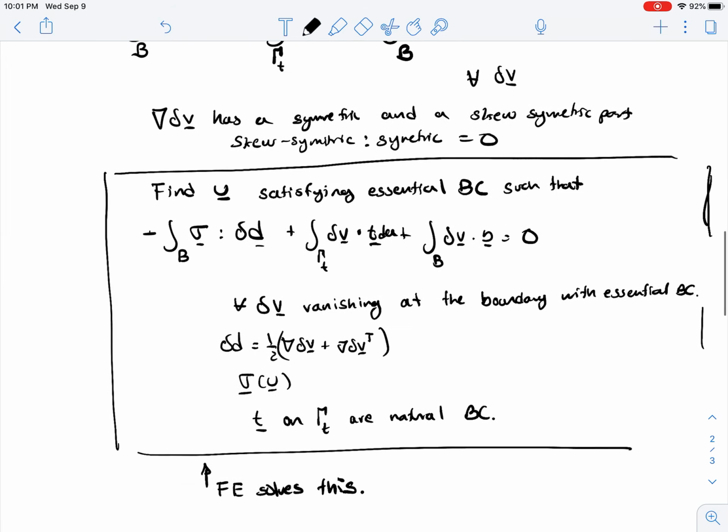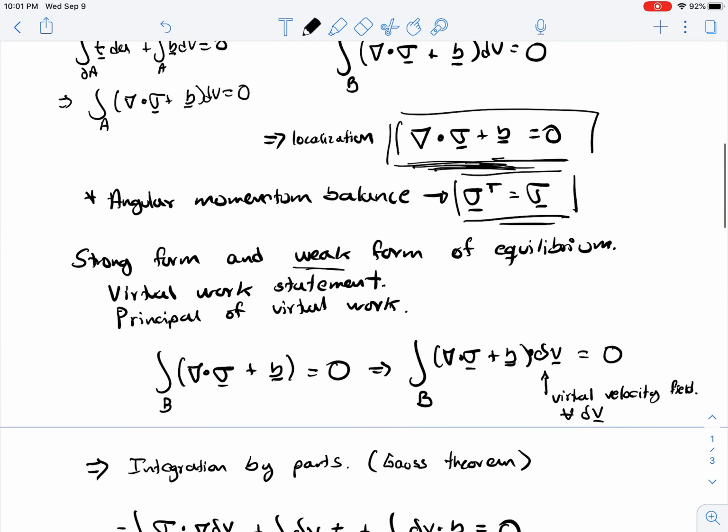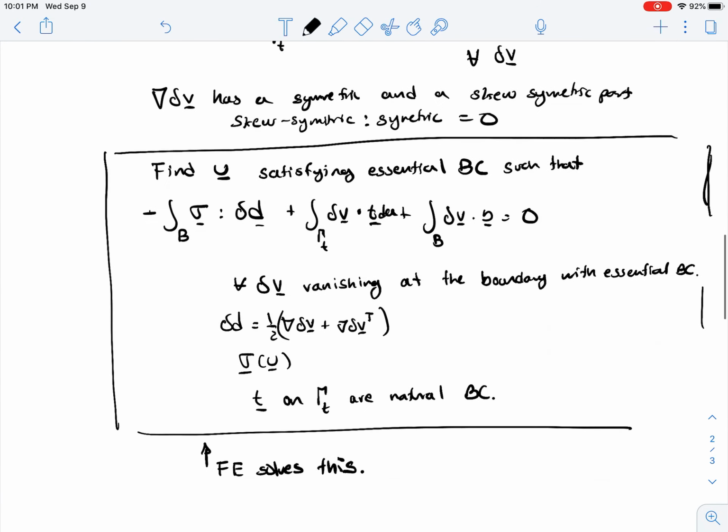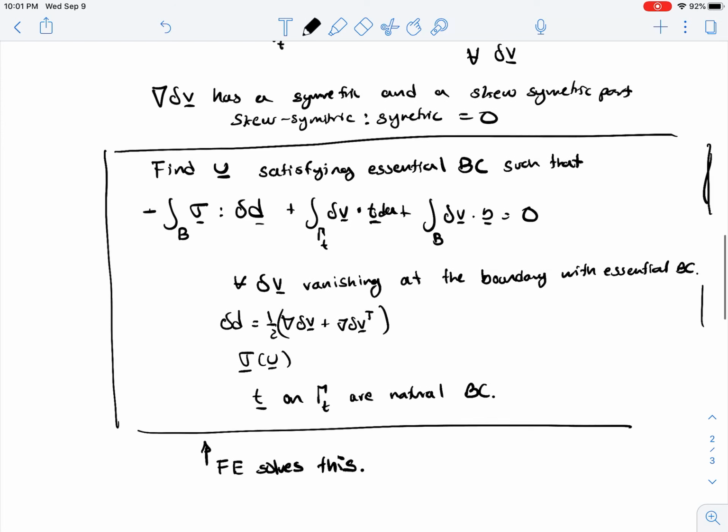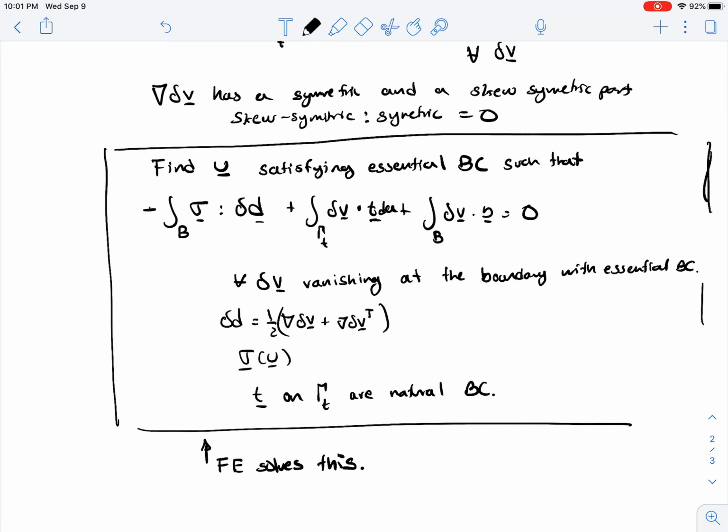It doesn't solve directly the strong form. So it doesn't directly solve this equation. It solves this integral form. And I could discuss more about that in lecture. For now, I'll leave it there. And the other thing that I would say is this is a general way of transforming PDEs into these integral statements.